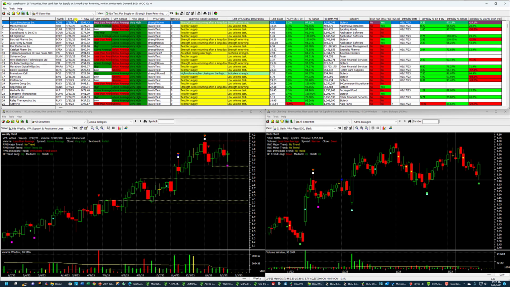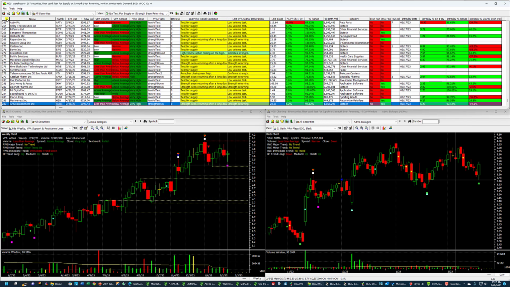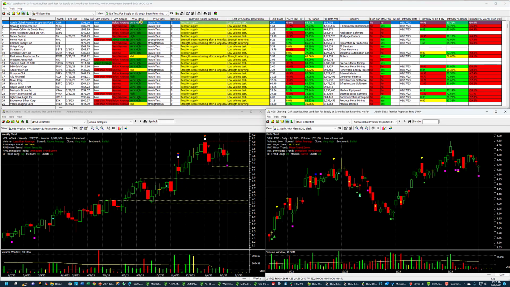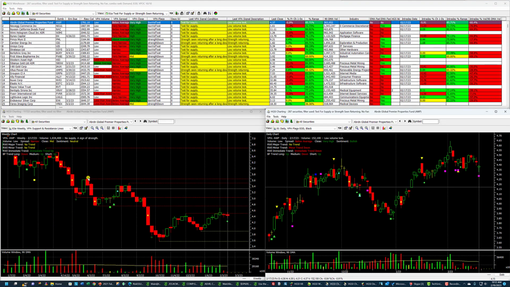I'm just going to reverse the raw combo here. What do we have? We have a very high close, low volume, spread is below average. It's a test for supply. But you can see that the fan is not up.